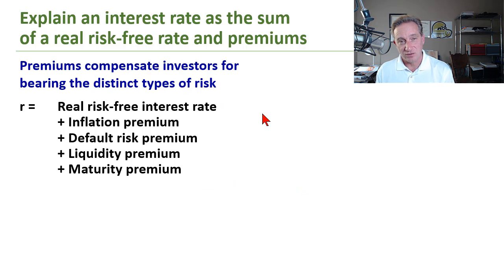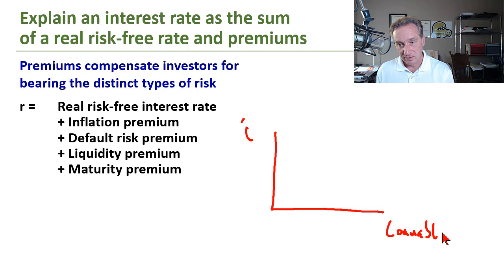When we think about the interest rate from an economics or macroeconomic perspective, we can look at it in terms of supply and demand, which is to say we can have the interest rate here on the y-axis, and we can have loanable funds on the x-axis, and then we could have a supply curve, which means that the higher the interest rate, the more interest there is in extending loans.